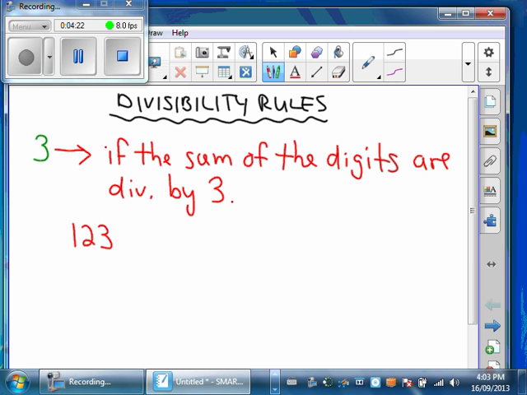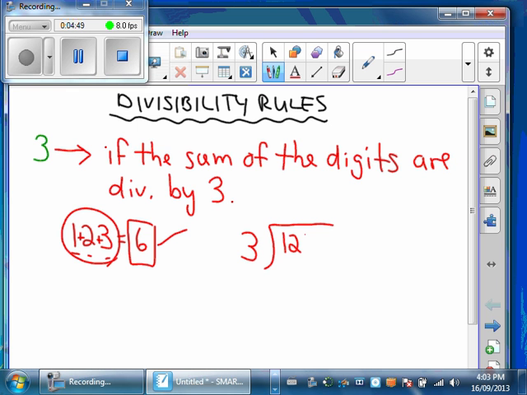Well, the quick way to find out is by simply adding a little plus sign in here, adding up the total digits. 1 plus 2 is 3, plus 3 is 6, and 6, we know 6 will divide evenly by 3, so therefore we know that 123 will divide by 3. Alright, well let's check and see if we're right. 3 into 123. 3 goes into 12 4 times. 4 times 3 is 12.